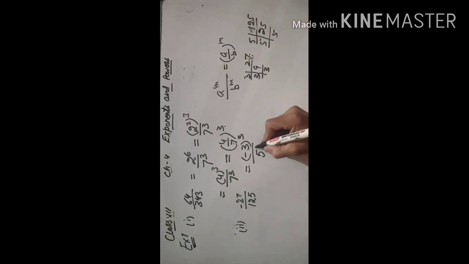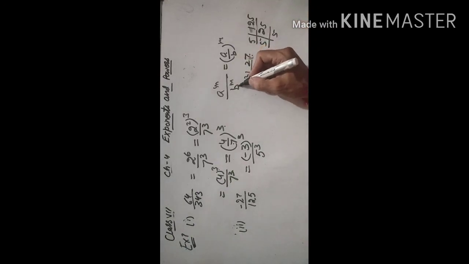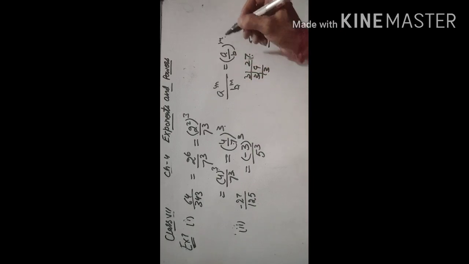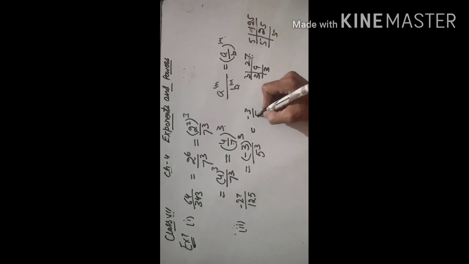Now 5 to the power 3. Again, a to the power m upon b to the power m is equal to (a by b) to the power m, that is (minus 3 by 5) to the power 3.